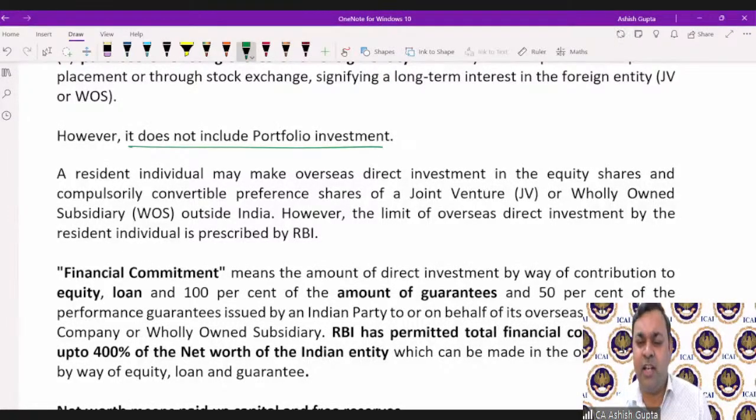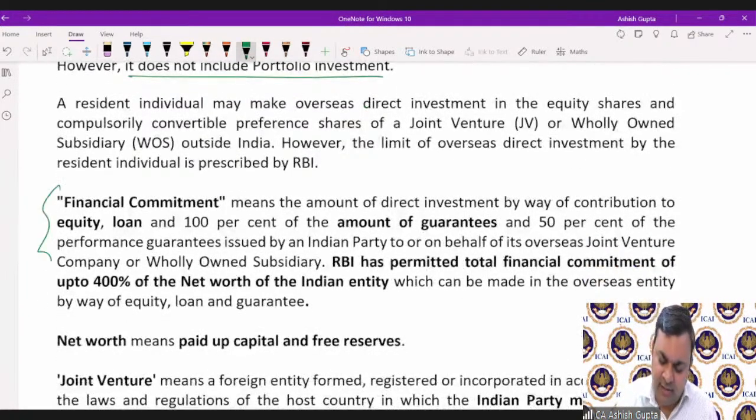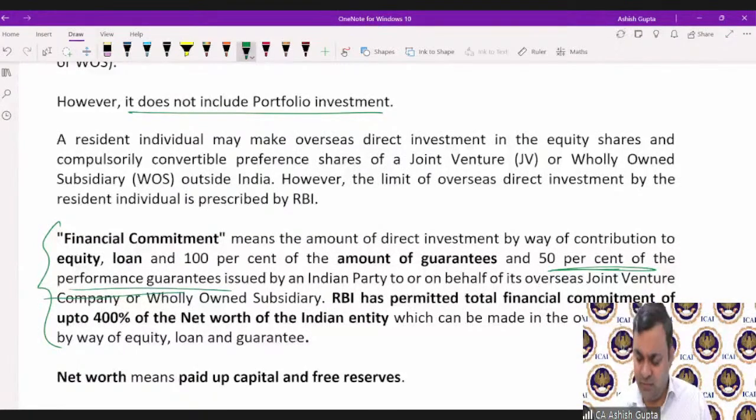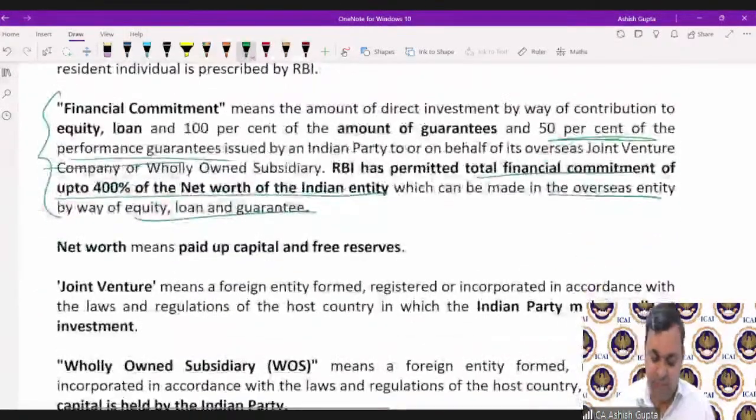But the ODI we are talking about is for the company side. Financial commitment is direct investment by way of equity, loan, 100% in guarantee and 50% in case of performance guarantee. RBI permits total financial commitment of up to 400% of net worth. Net worth is paid up share capital plus free reserves.